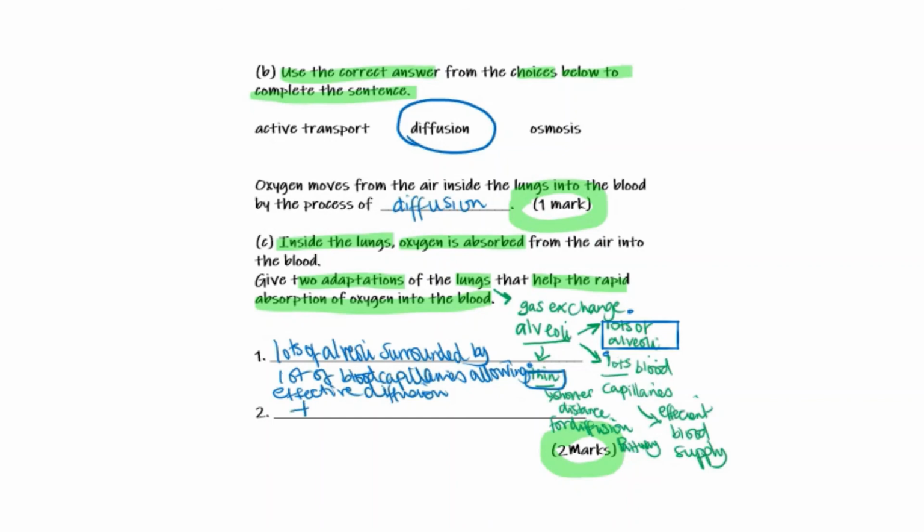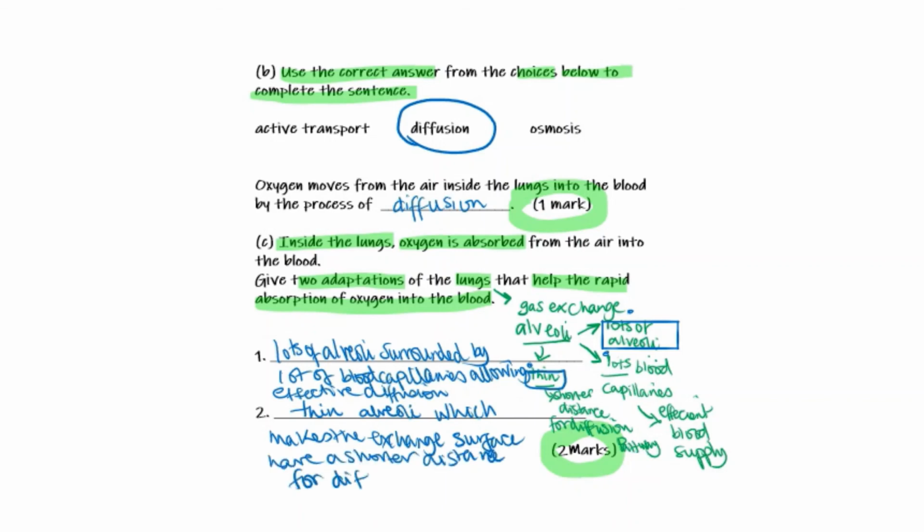And the second one we can write down is that the alveoli are thin, which makes the exchange surface have a shorter distance for the diffusion pathway. The key factors when we're talking about the lungs should be about alveoli. Talk about the quantity of the alveoli. We should talk about the alveoli being thin, and because they are thin, it's having a shorter distance.